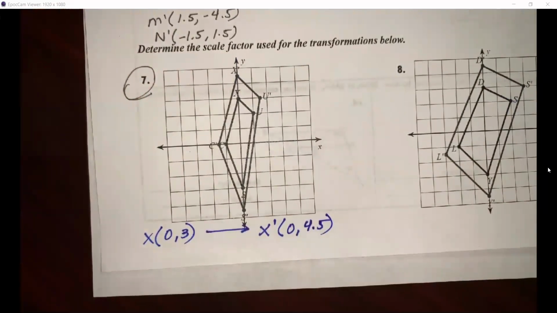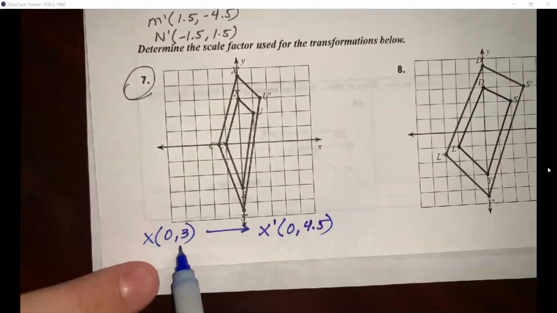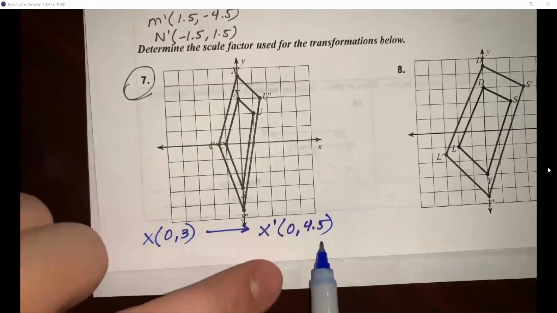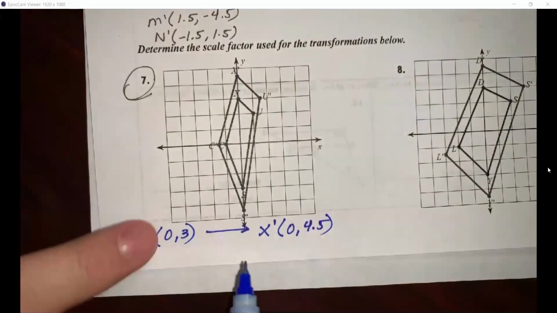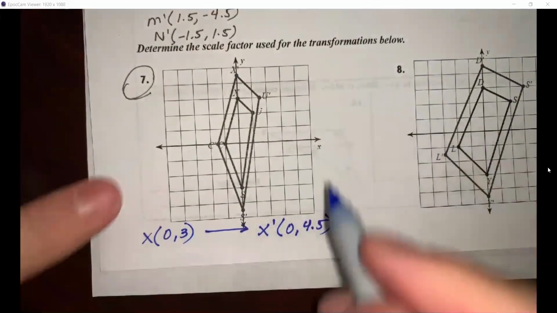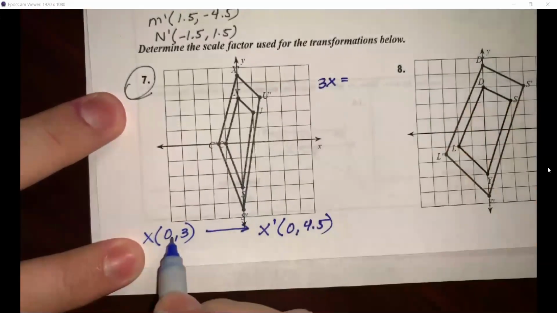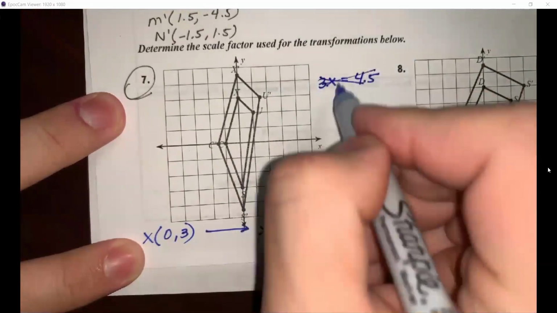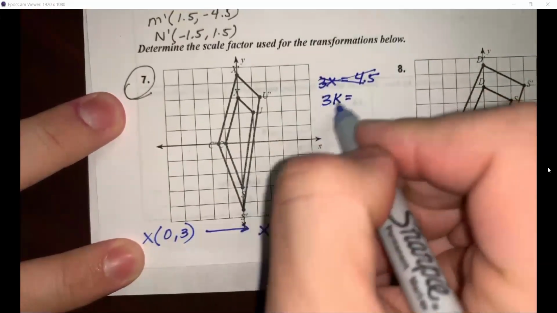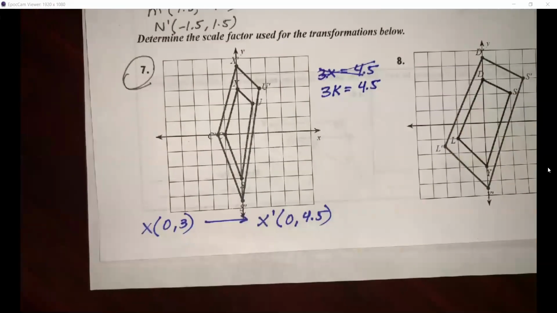Okay. So now you have to decide, in order to get from my original value to my new value, the zeros aren't going to be very helpful. Anything times 0 is just 0, right? But let's look at the actual number. So let me set up a formula here. 3 times what number, or actually a better way of writing that would have been 3 times what number K, or what scale factor, gave me 4.5, right?